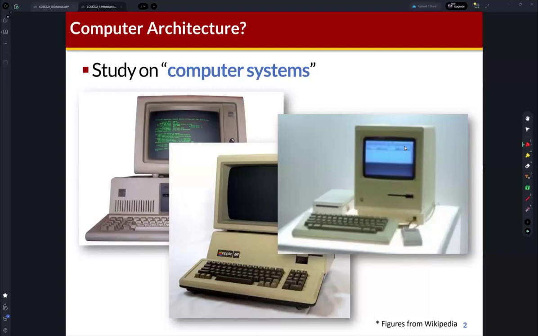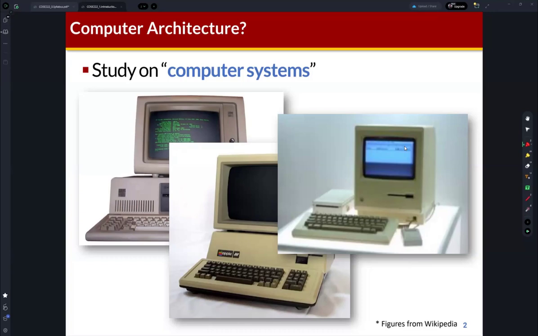You can find that these are computers, but they are old style computers, right? The first PC, a personal computer, was developed by IBM, and those two computers were developed by Apple.